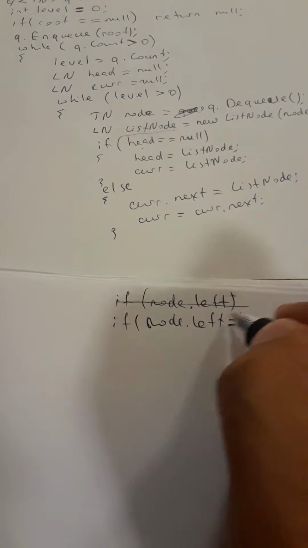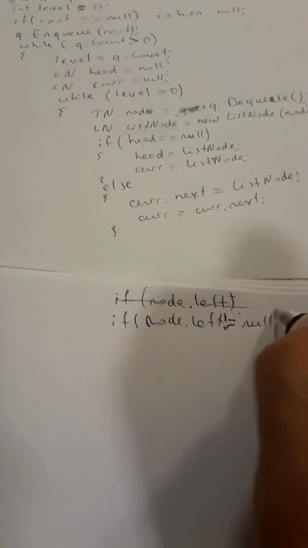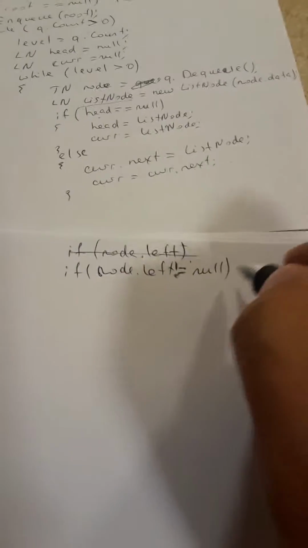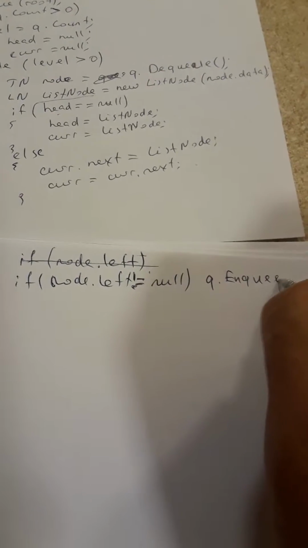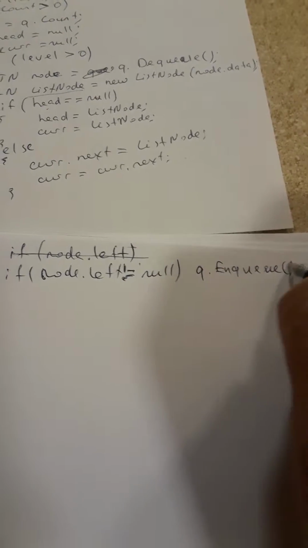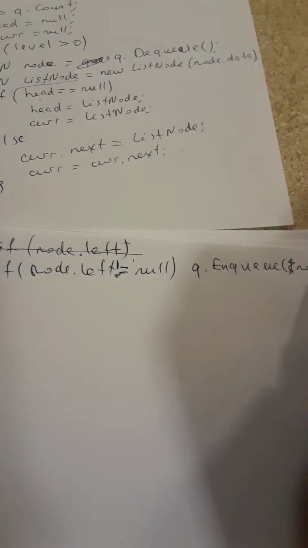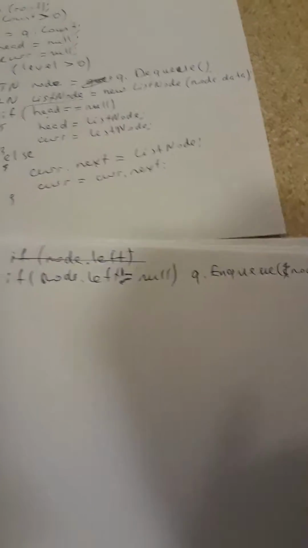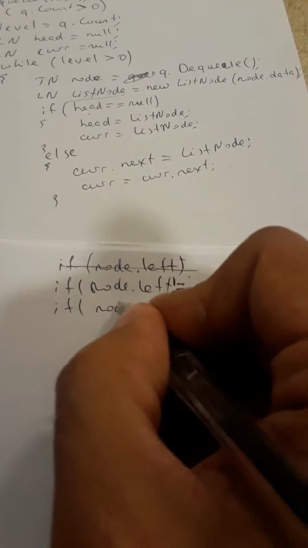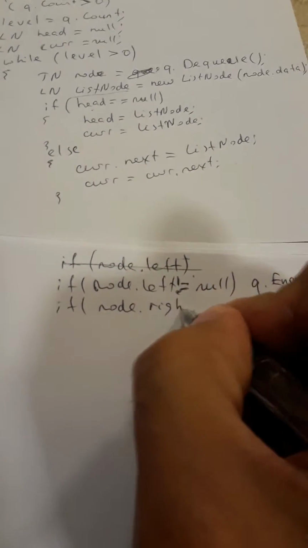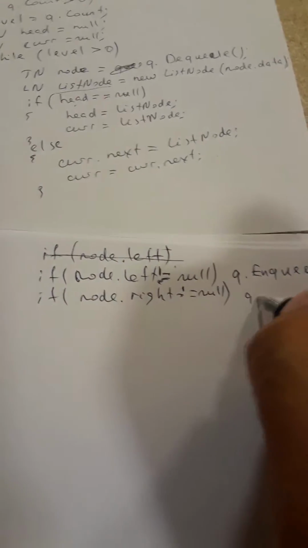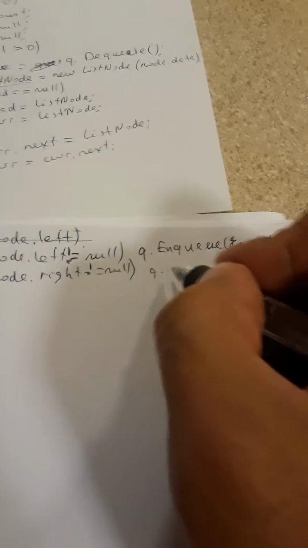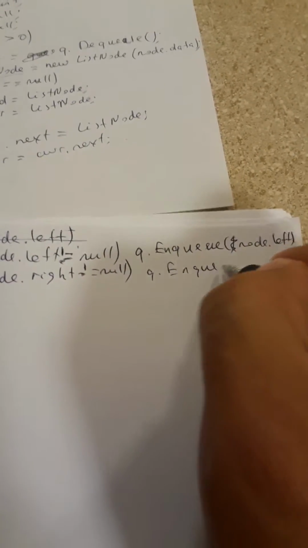So if it's not equal to null, so if it has a left child, we will push it to our queue. The same thing will be done with the right child. We will be checking for the right child, and if we have a right child, we will push it to the queue.